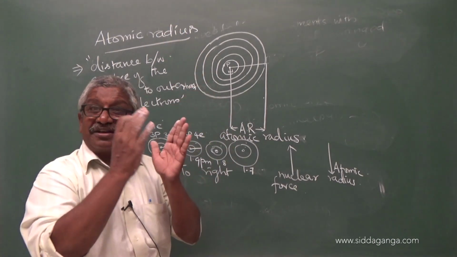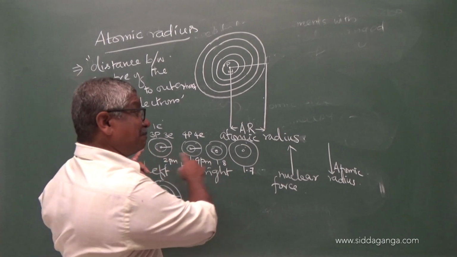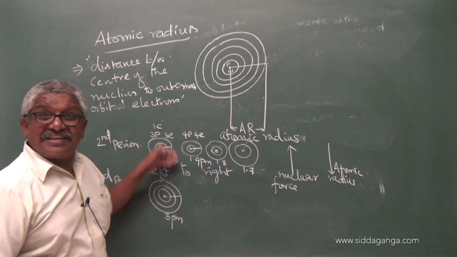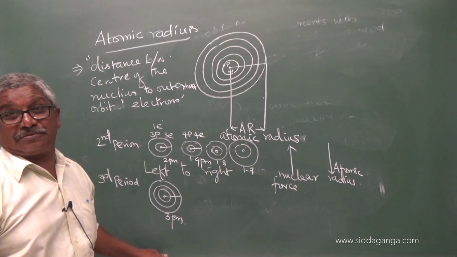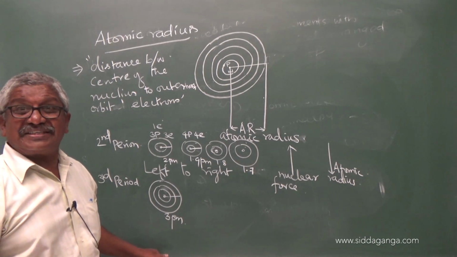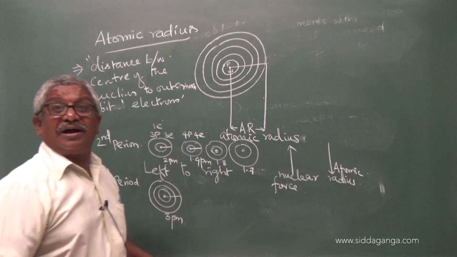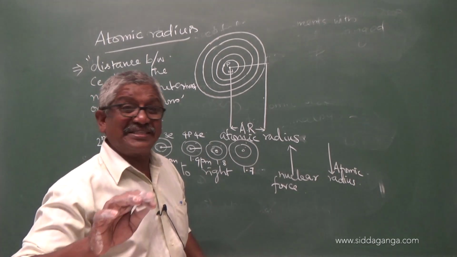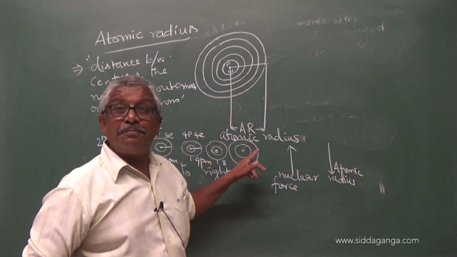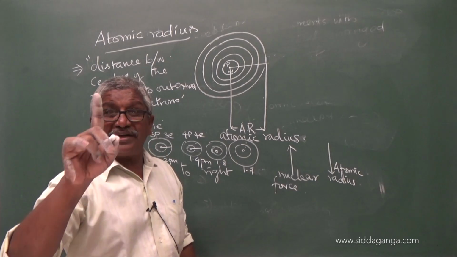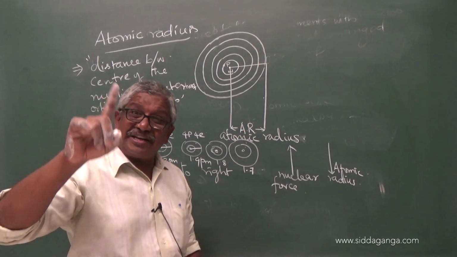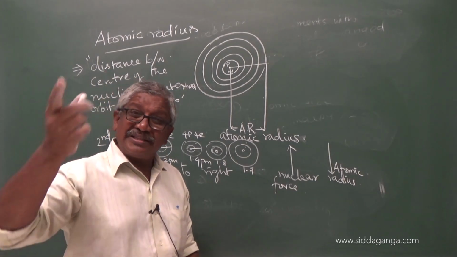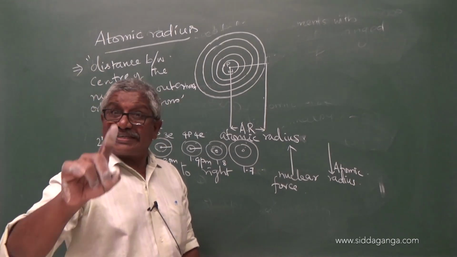That's why atomic radius decreases in the period and increases in the groups. Remember these 2 points; we will be studying the S block and P block, and there it will also come, and at that time you can remember.